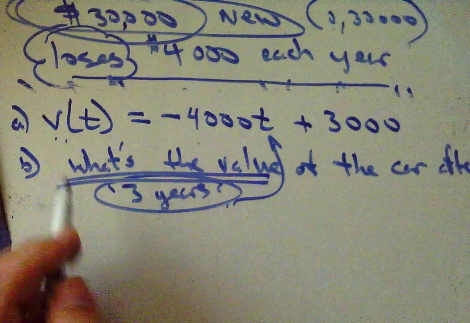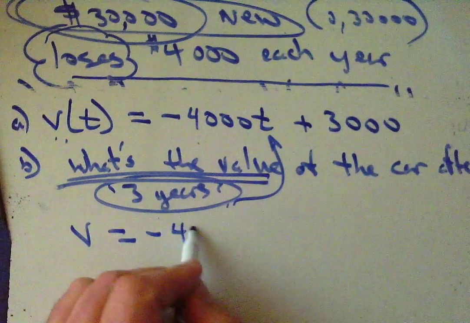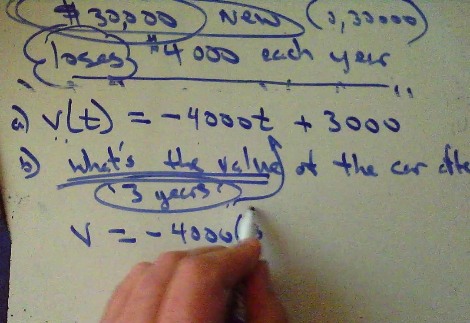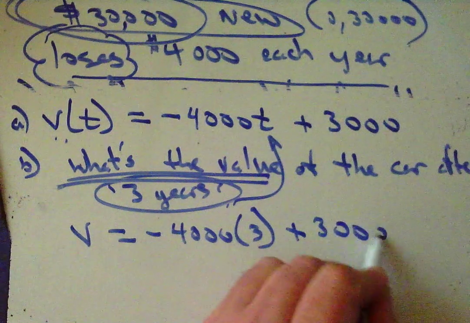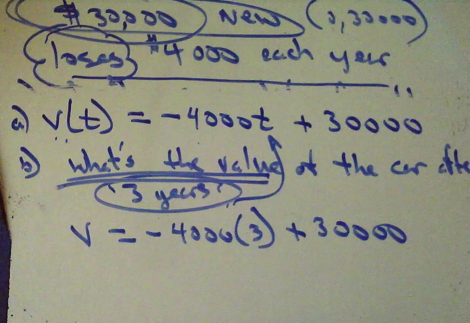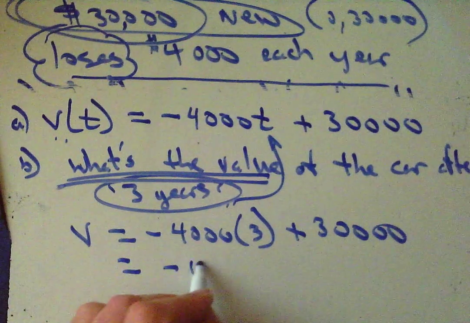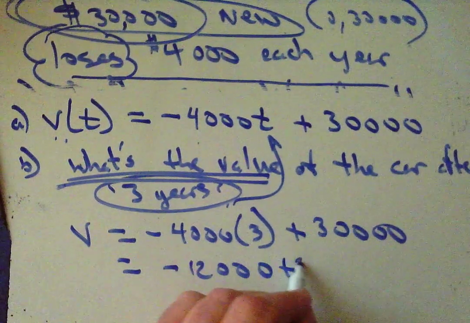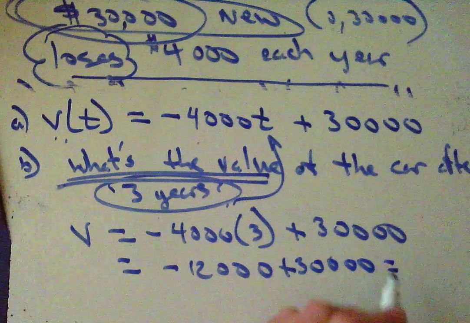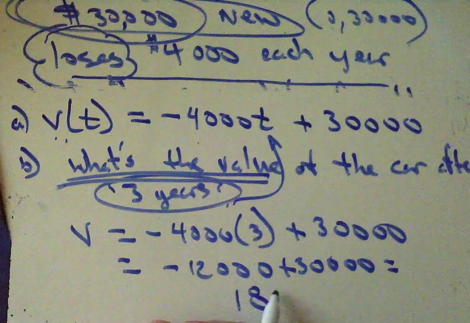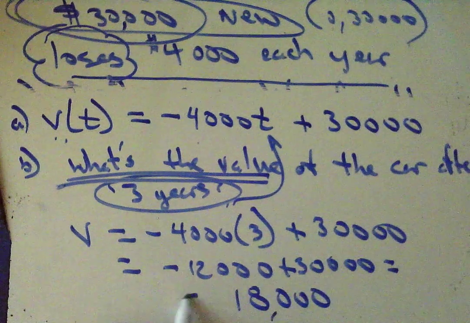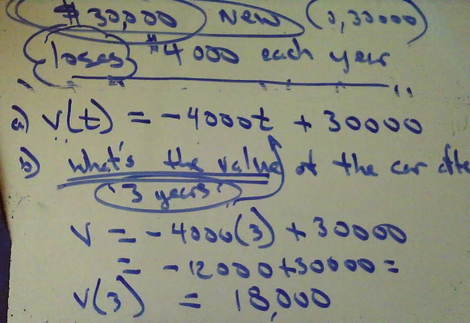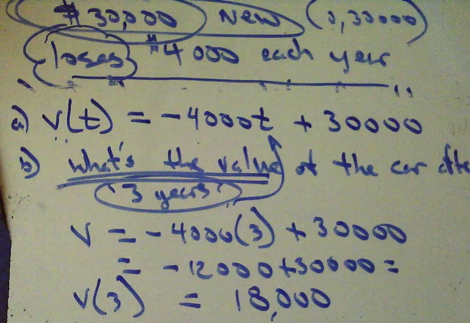V equals negative 4,000 times 3 plus 30,000. So that's negative 12,000 plus 30,000. My car is now only worth $18,000. After 3 years, my car has lost a lot of value.